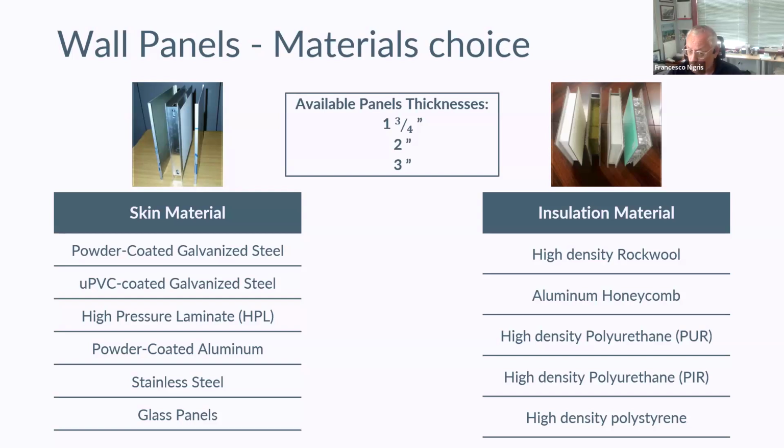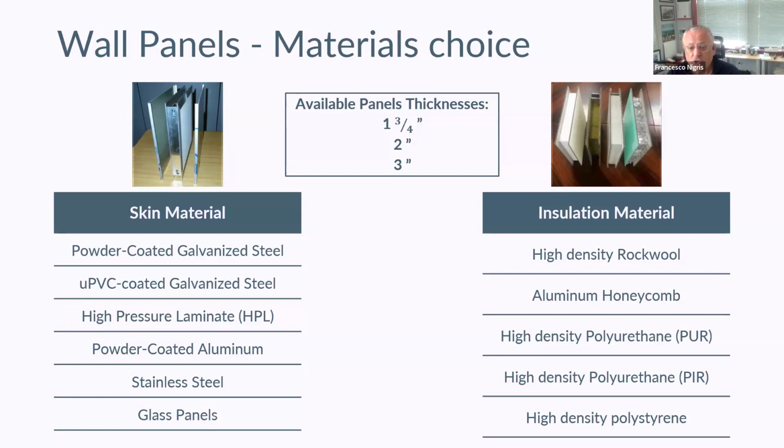Sometimes this is not even a question when you are addressing a clean room project, but this is not true. You have alternatives. There is a perfectly acceptable product for FDA and GMP using powder-coated galvanized steel, which is much less expensive and as durable and resistant to scratches as the UPVC.